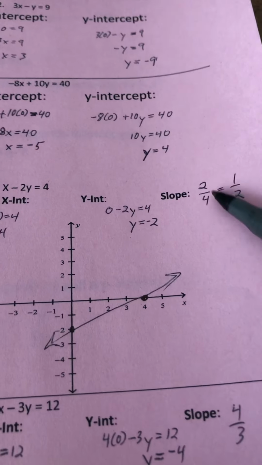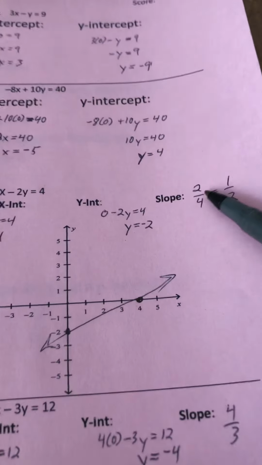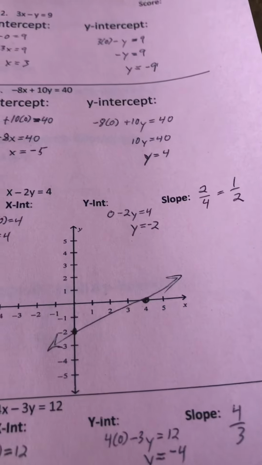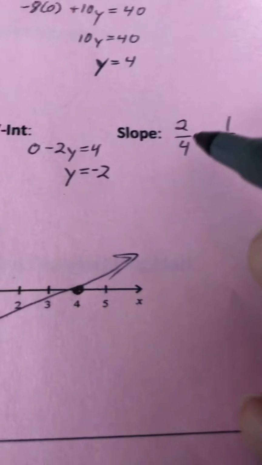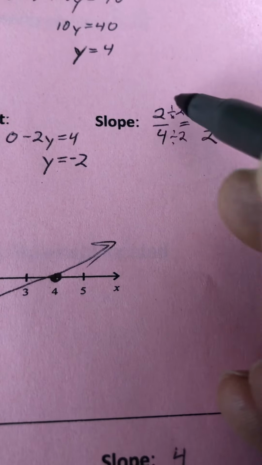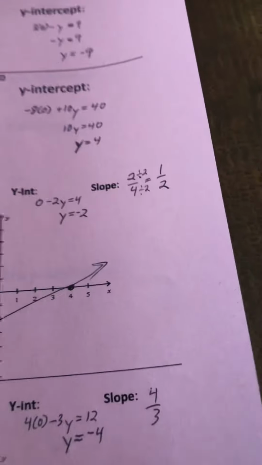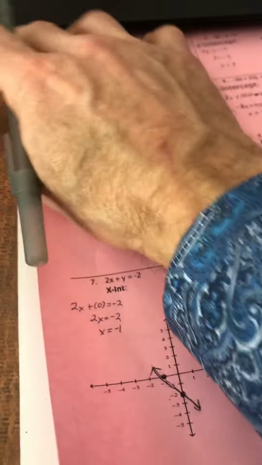I divide both the numerator and the denominator by 2, and I get 1/2. Divide by 2. 2 goes into both 2 and 4. So I can simplify that fraction down to 1/2.